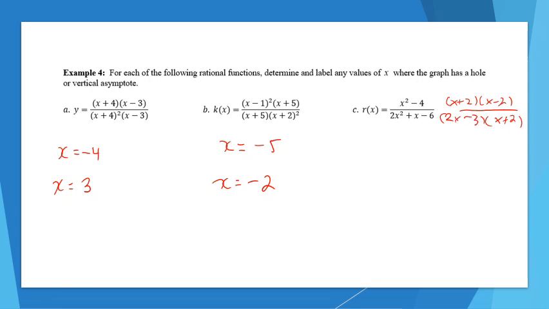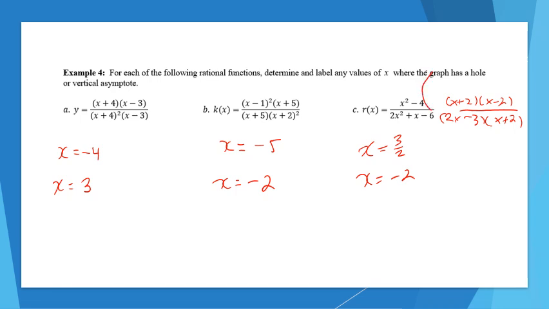Yep, that would be how you factor that. And so once we have this, we now know our zeros, or what makes the denominator equal to 0 for C, should be 3 over 2 and negative 2.